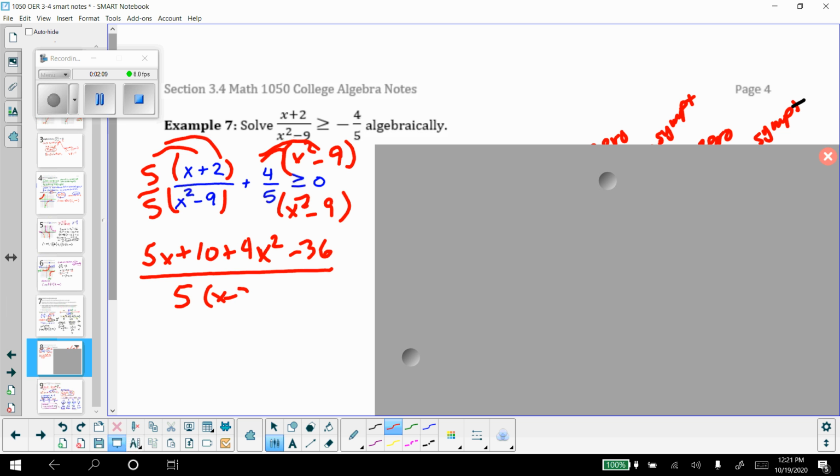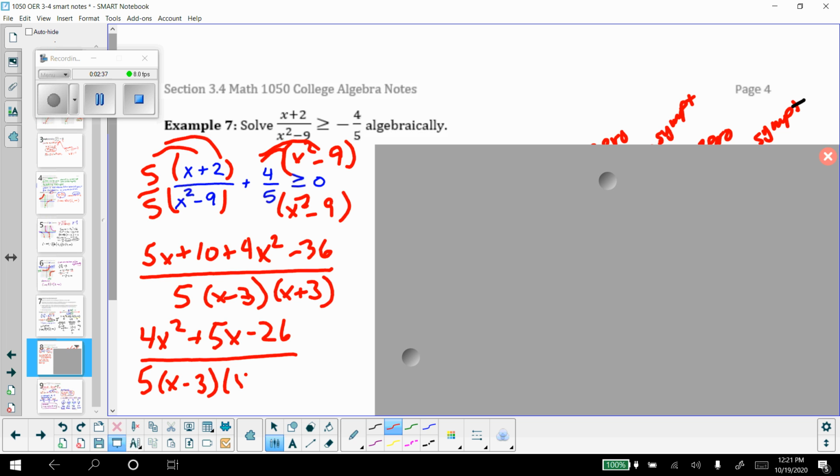We're going to write that out as x minus 3, x plus 3. Okay, let's simplify the numerator. So the numerator would be 4x squared plus 5x minus 26 over 5 times (x minus 3)(x plus 3).